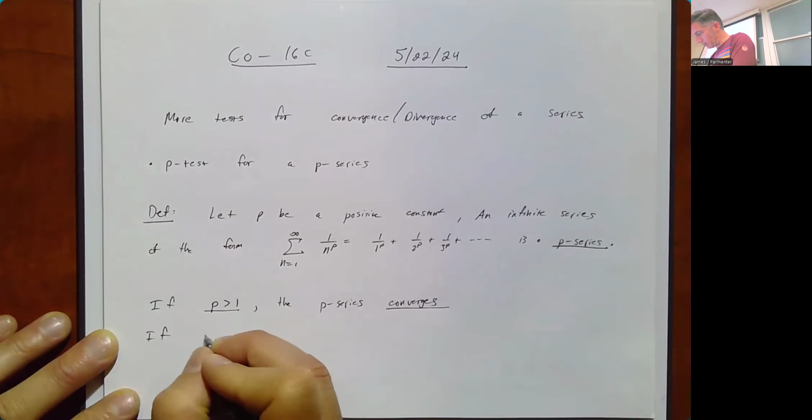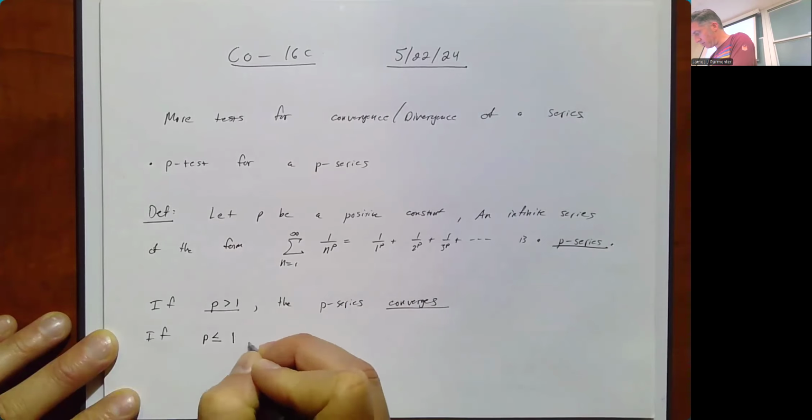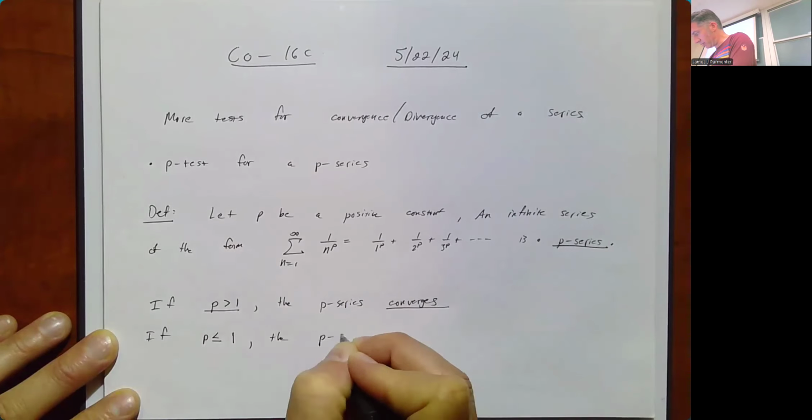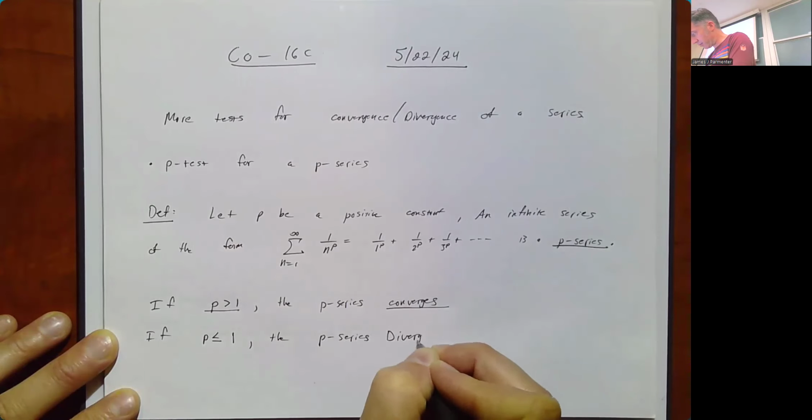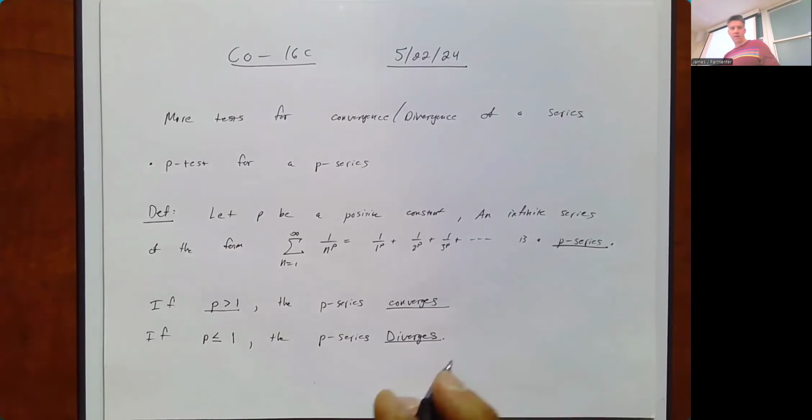And if P is less than or equal to 1, the P series diverges. I feel like there's not a lot to say about the P series and the P test because it's one or the other, right?